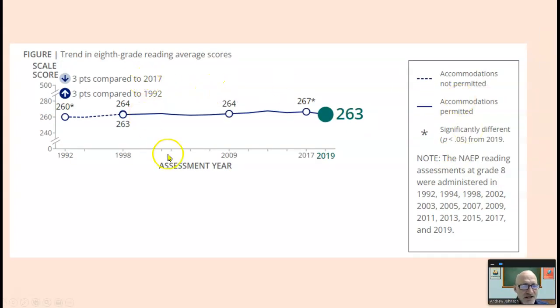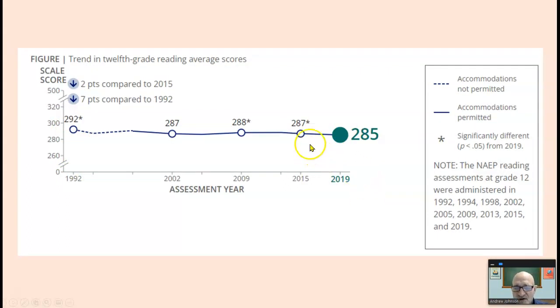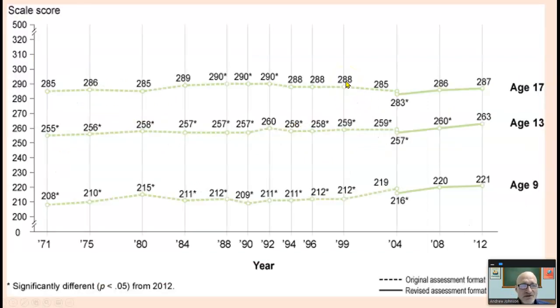And we see the 8th grade trend starting in 98, a statistically significant decline, a statistically significant increase from 92 to 19. And this is 12th grade, a statistically significant decrease, and increase. So we always look for that statistical significance in reading scores.